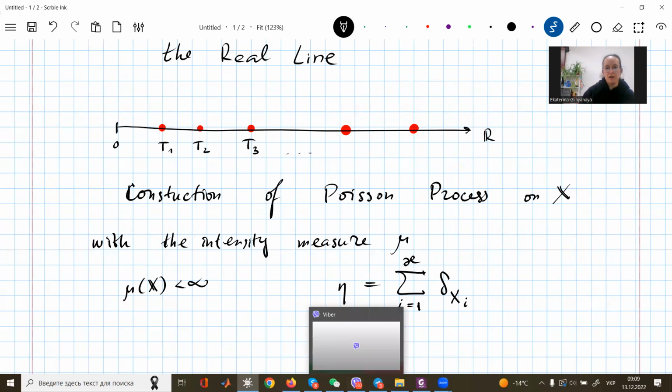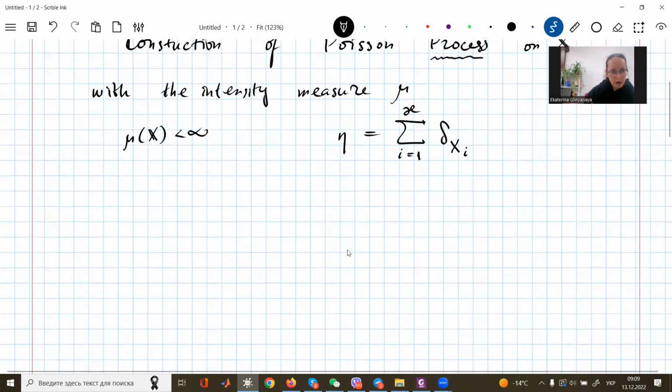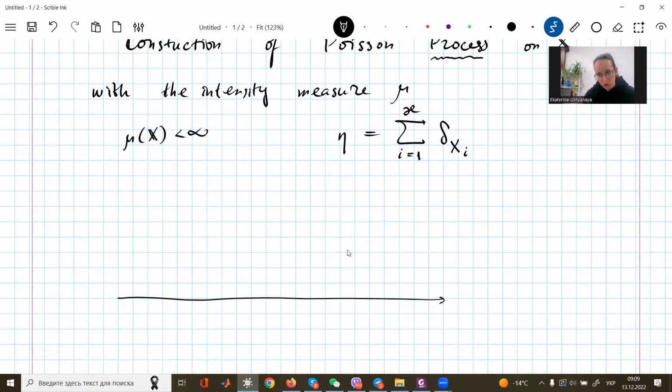The name of the process here can be understood in a very strict way, because we can get the intuition of a point process if we consider the real line as time.